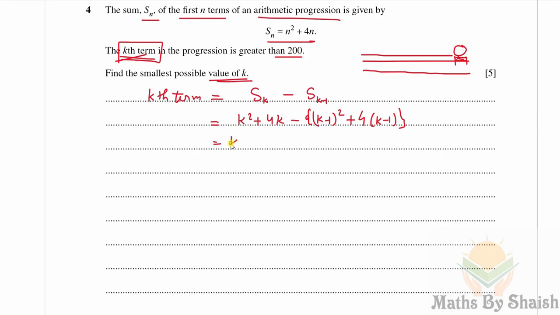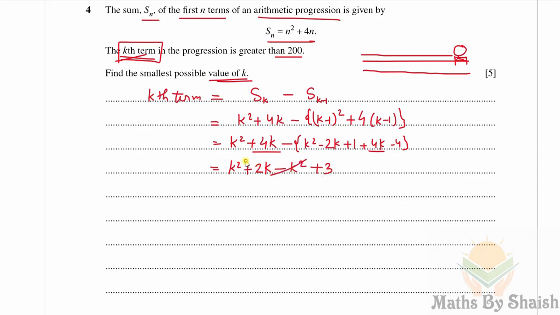We'll solve it first. k square minus 2k plus 1 plus 4k minus 4, and then we can see these two will be cancelled and we are left with k square plus 2k, because this is 4k and this will minus 4k cancelled, and minus k square, and it is going to be minus 3, so it becomes plus 3.